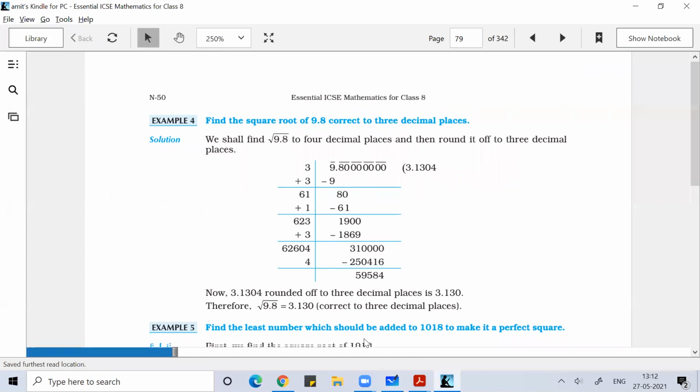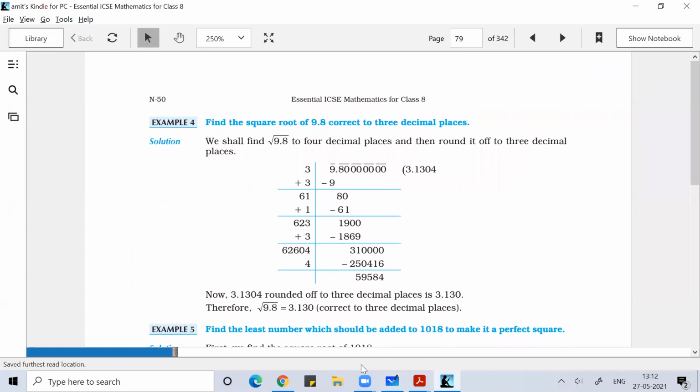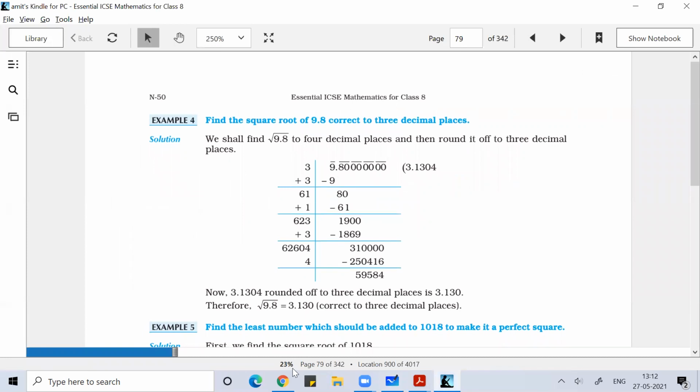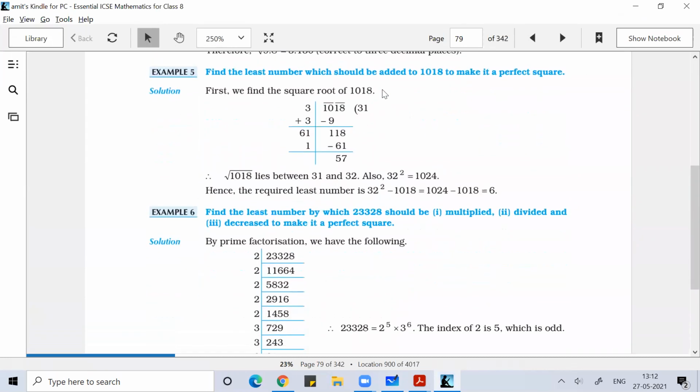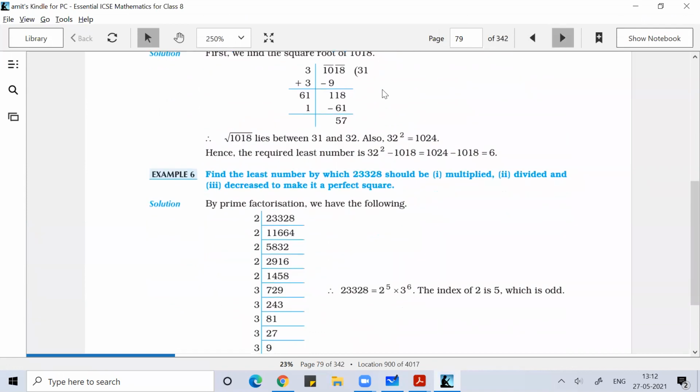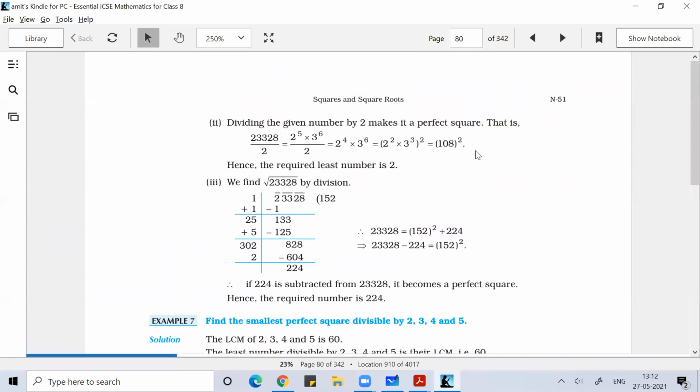And sir, have you sent the morning's recording? No, no, no. So you do this question, example 5. Have we done all of this? We have done it. One minute. Tell me, example 7. Find the smallest perfect square divisible by 2, 3, 4 and 5.